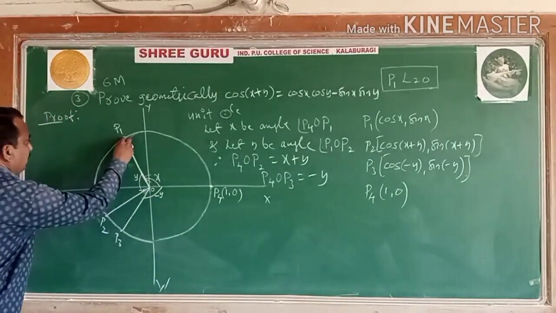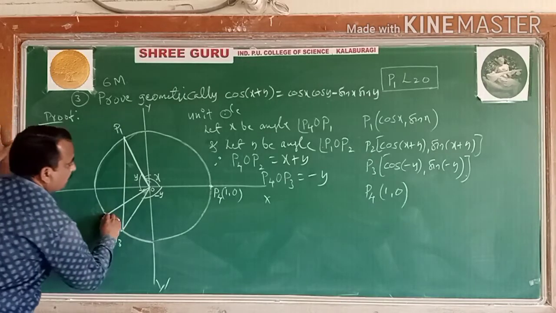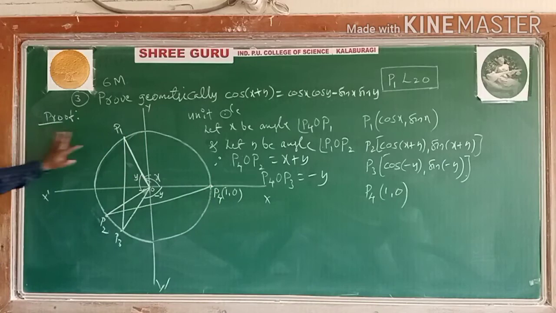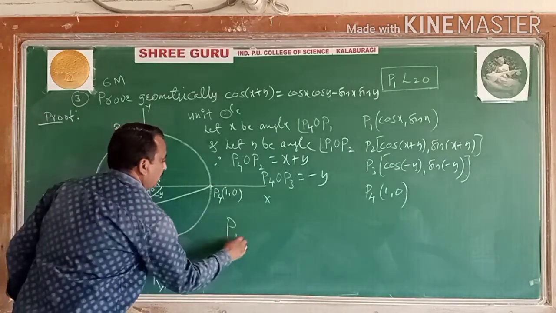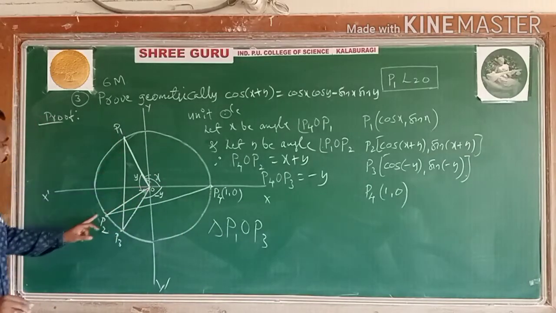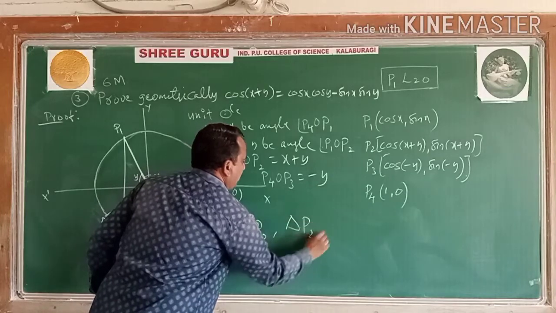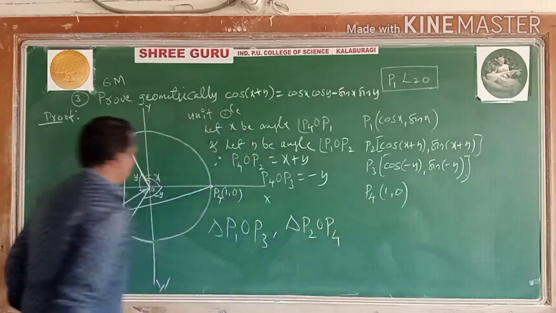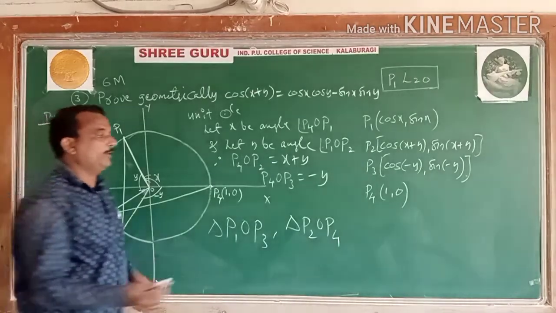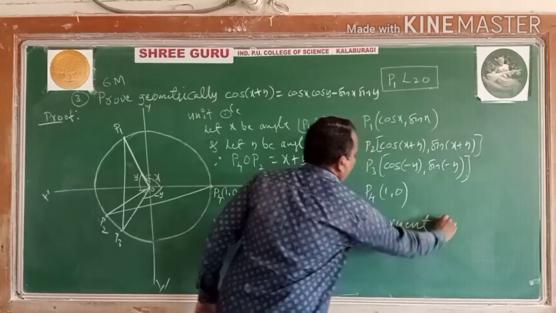Now I am joining P1 and P3, and P2 and P4. Clearly we have two triangles, triangle P1OP3 and triangle P2OP4. These two triangles are congruent.